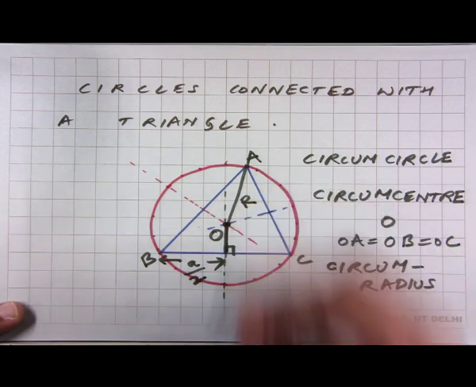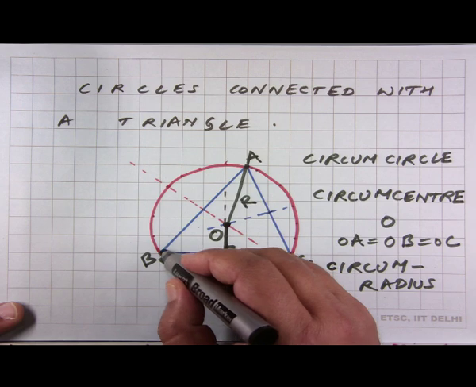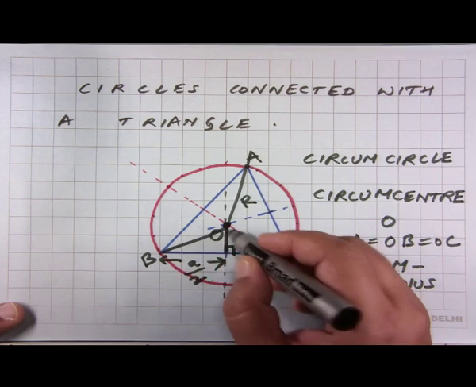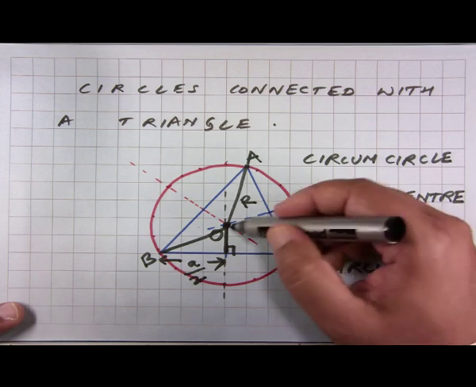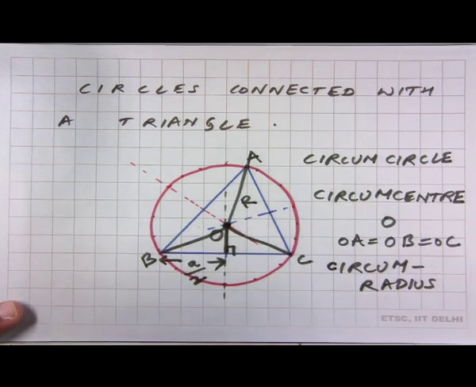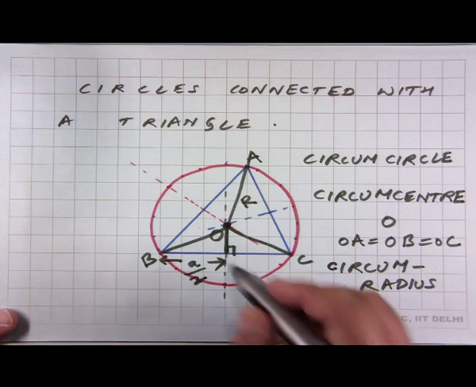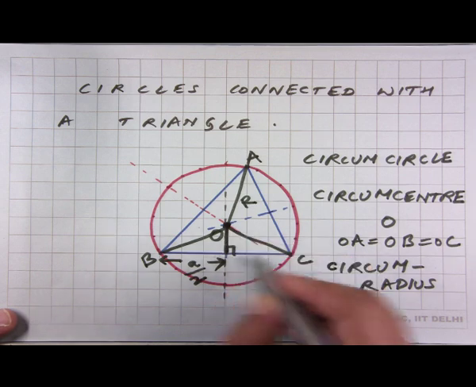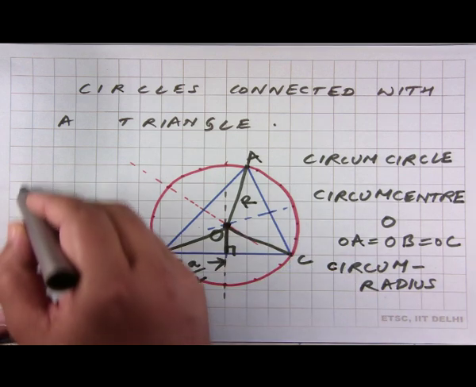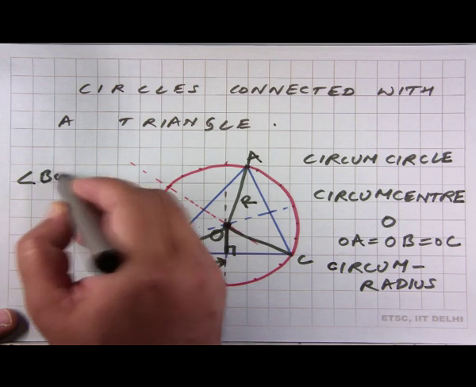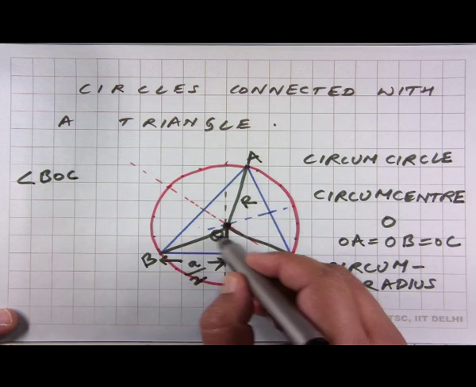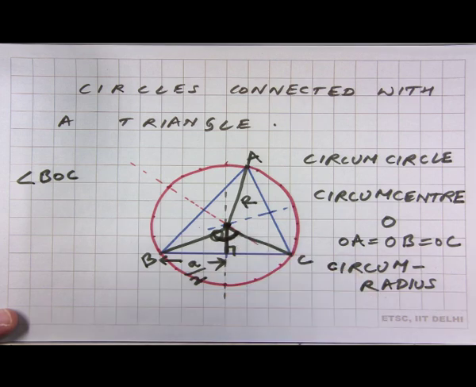And then let us say that we connect the circumcenter with the vertices B and C of the triangle. From basic high school geometry, we know that the angle BOC is twice the angle.